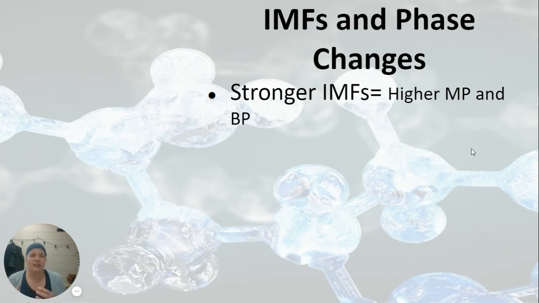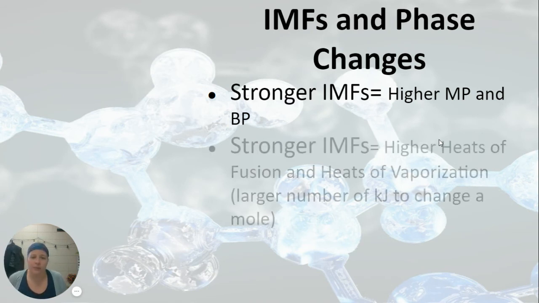As a consequence, I'm going to have to rock and roll those more, at a higher temperature, to make that happen. The same thing goes for the boiling point. If my stuff is stuck together stronger, I have to add more heat and get it to a higher temperature to get those gas particles able to leave the sample.